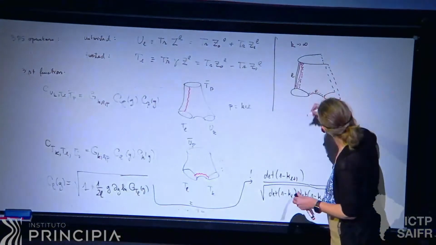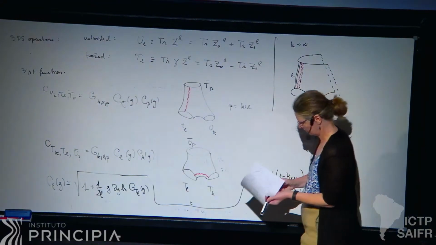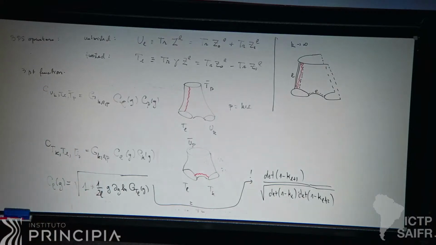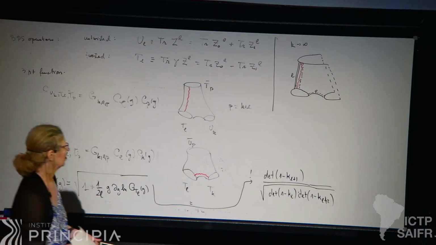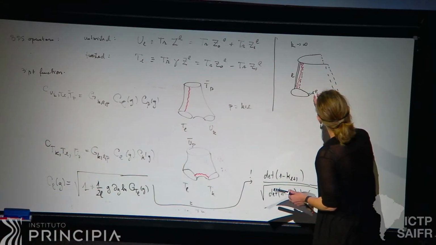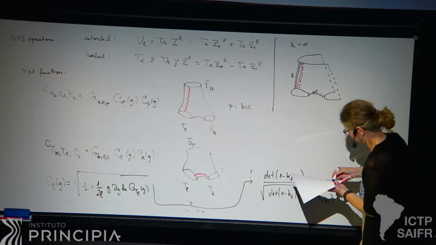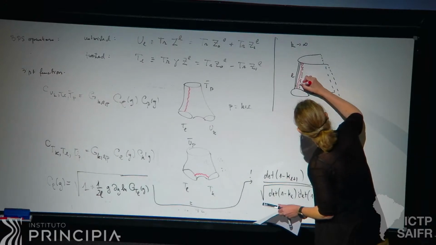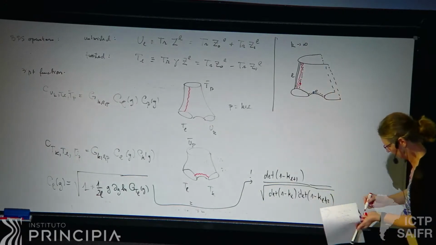Our hypothesis is that it comes from wrapping corrections, which are given by mirror magnons on this side and mirror magnons on this side here.